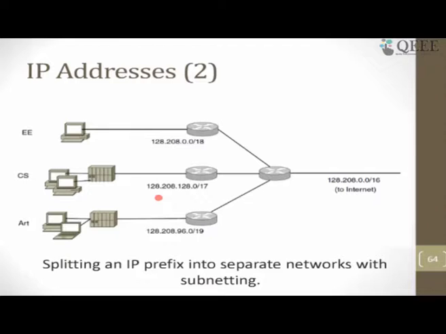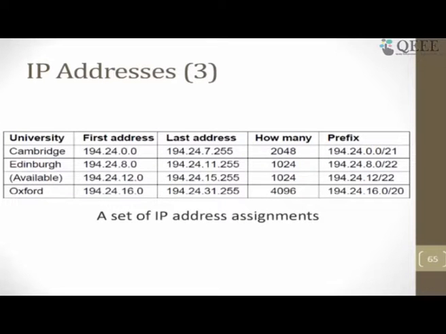If we think carefully, the last address of CS will be 128.208, this 0 and all ones, and all ones.